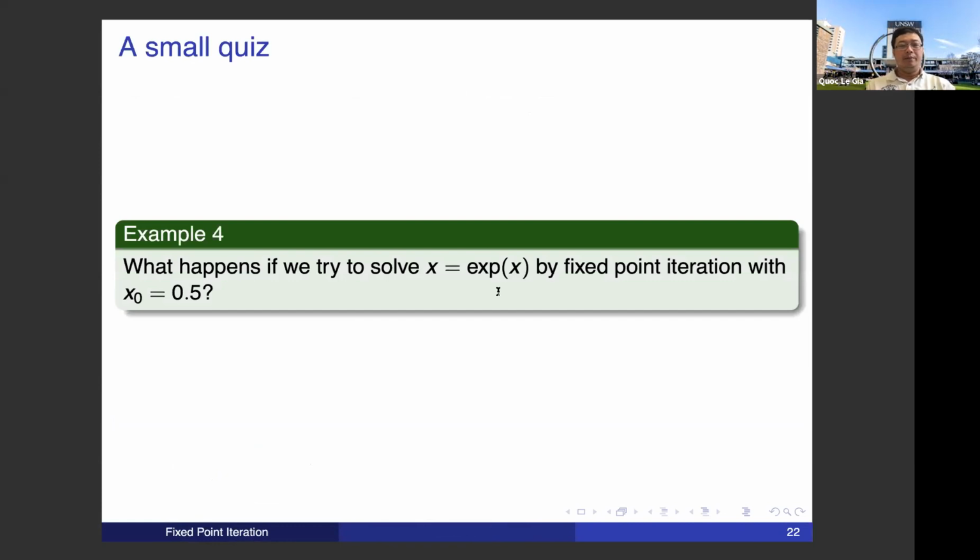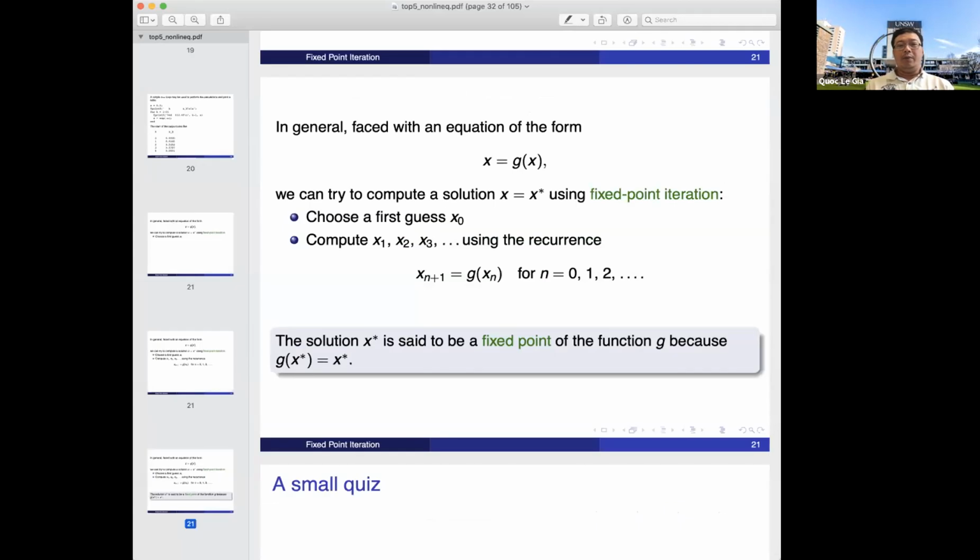Can you try it and let me know what happens, because I want to have a small quiz. If you go to Moodle and you go to interactive documents, then you see that we have a fixed point iteration.